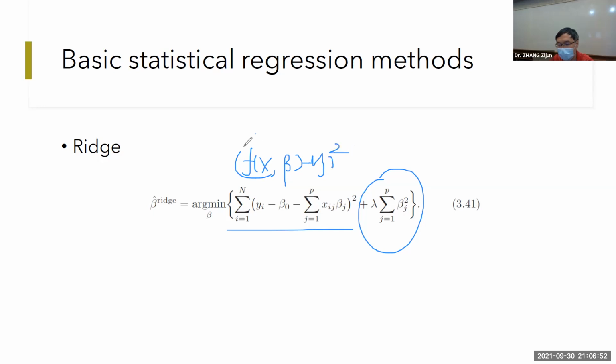This one is equivalent to this form. The difference in ridge regression is a new term, which is called the penalty. This square penalty penalizes the coefficient of each x. And this lambda is a constant.